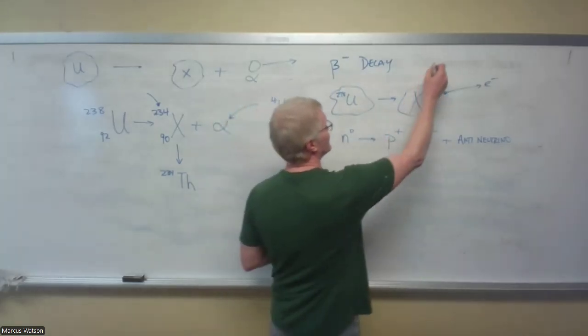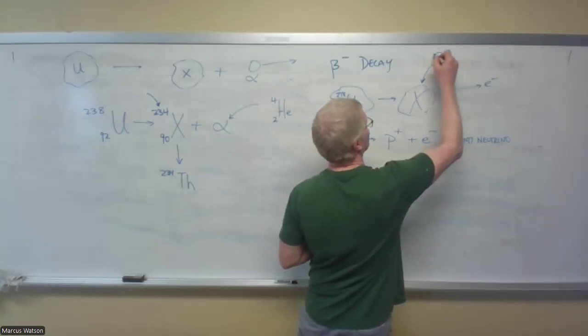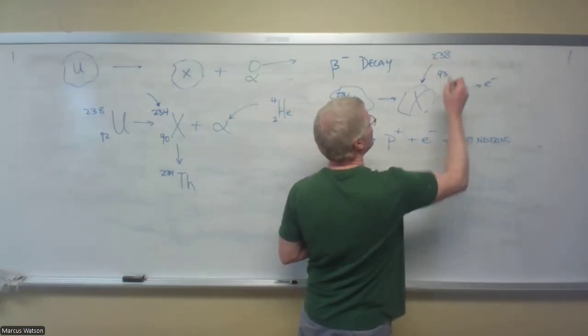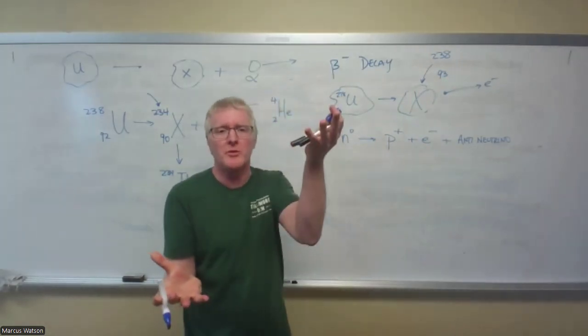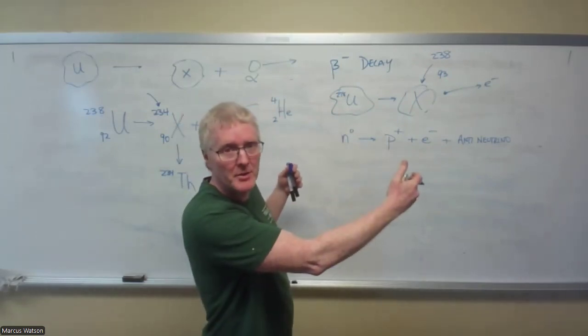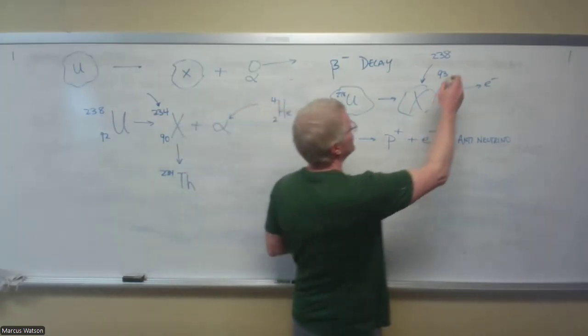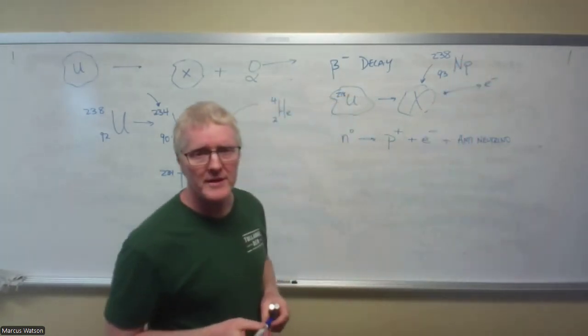So in this case, this element must be 238, and it must be 93 now instead of 92, because I lost one neutron and I gained one proton. So this has pushed me to the right one spot on the periodic table. And that must mean that I'm at neptunium for the element.